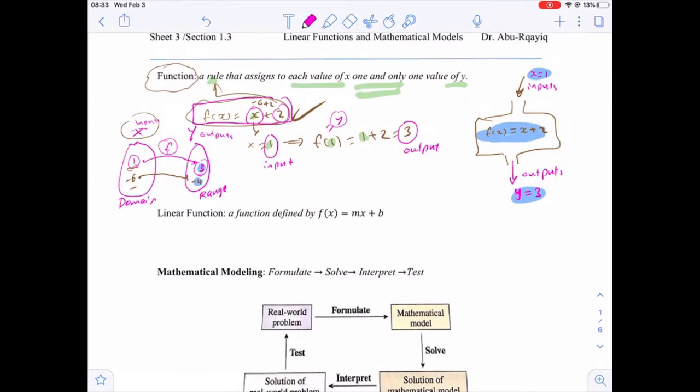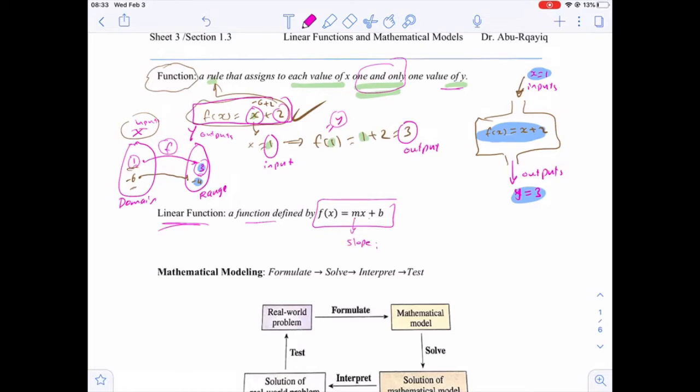But it's very important to realize that there is one and only one value of y for each value of x. Now, a linear function is a function that's defined by this rule: f of x equals mx plus b, where m is the slope.